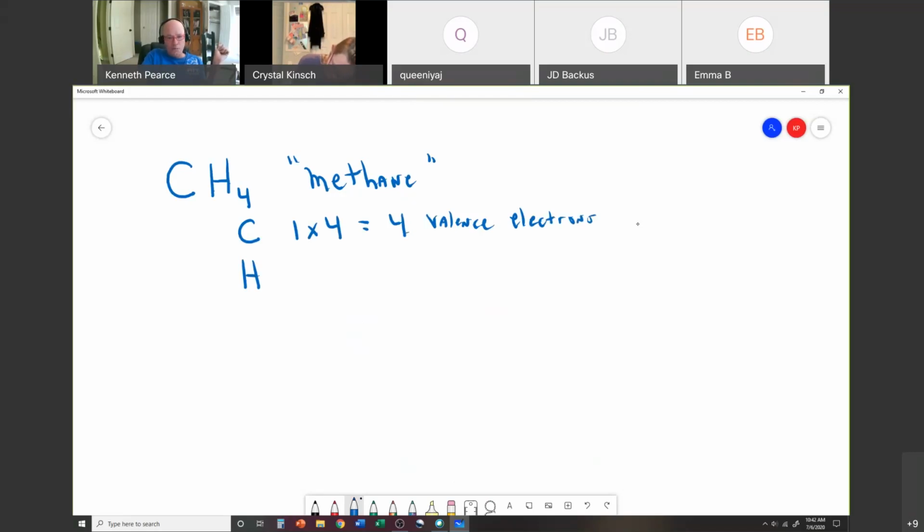And the hydrogen, well, there's 4 of them, and they're 1 apiece, so that gives me 4 there, and that gives me 8 total. 8 valence electrons for the whole molecule.